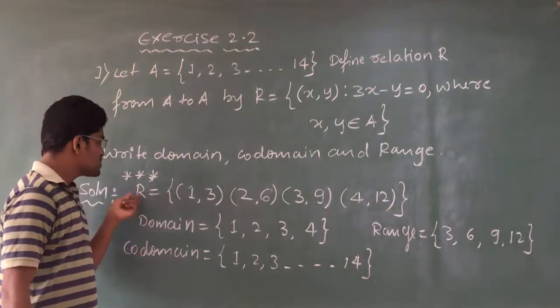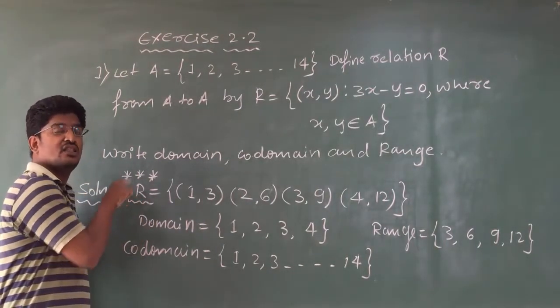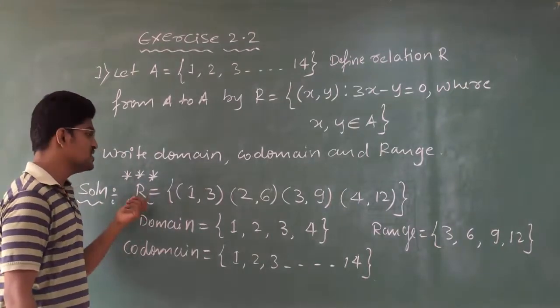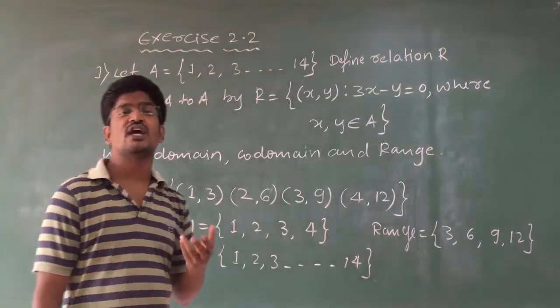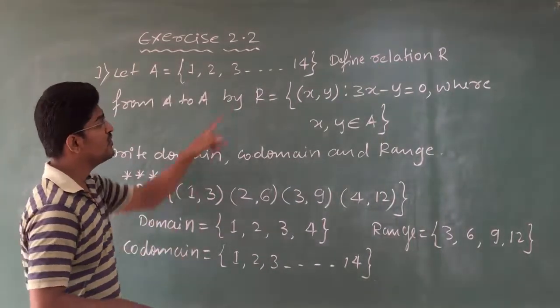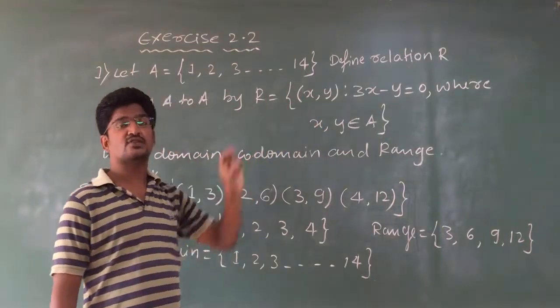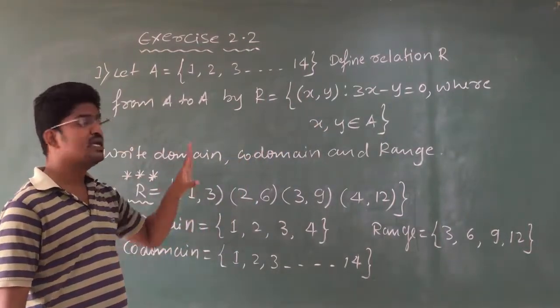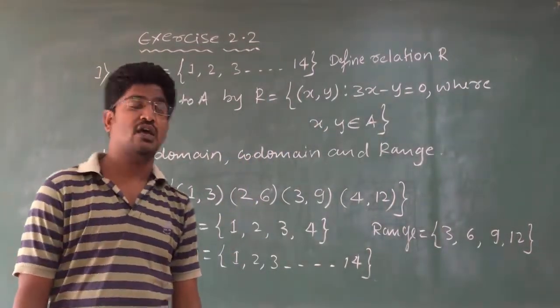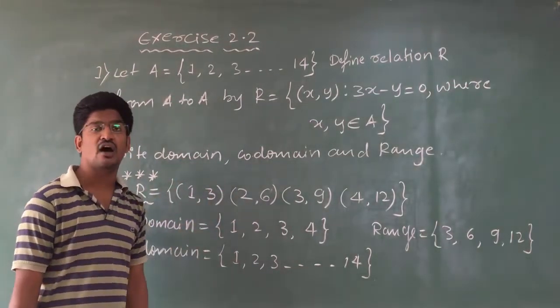So please concentrate on writing this R. If you write this R, then everything is simple. If you don't write this R, you are not going to get anything. So please make sure that whenever you are writing a relation R, the construction of your ordered pairs x comma y should be very much clear. Okay, that you must understand carefully. Then only you can write the correct answers.